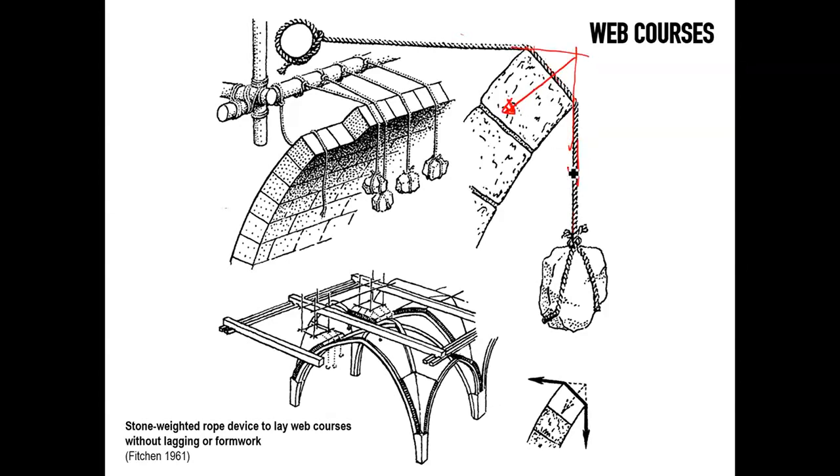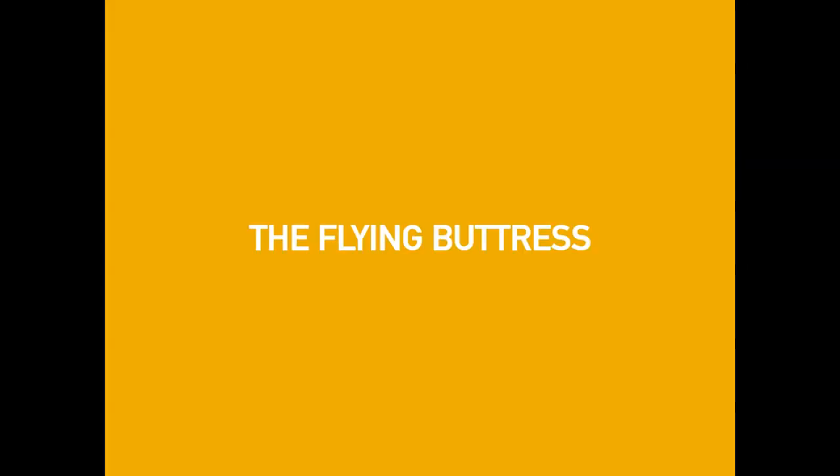Having the resultant of the weight of the stone and the reaction from the rope in this direction would generate a force that runs in this direction, and therefore puts the vault in compression before it is completed. It's like a form of pre-stressing happening during the construction.